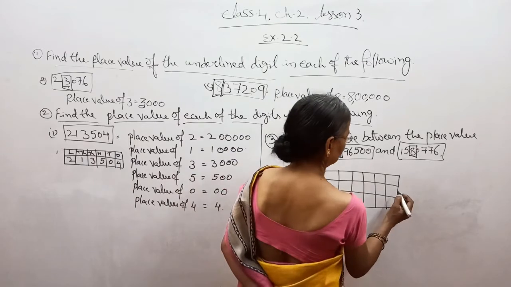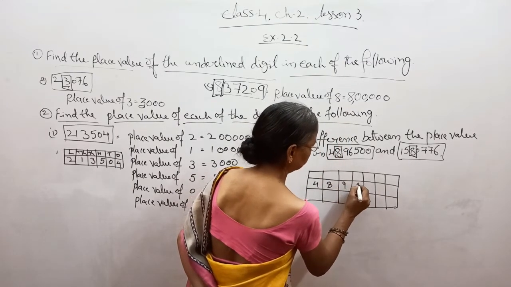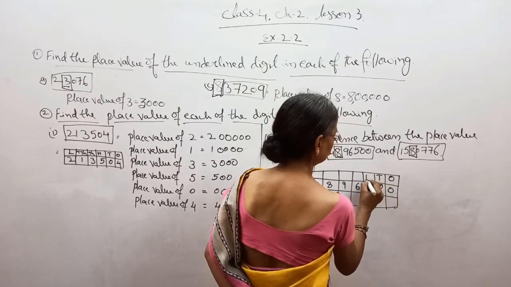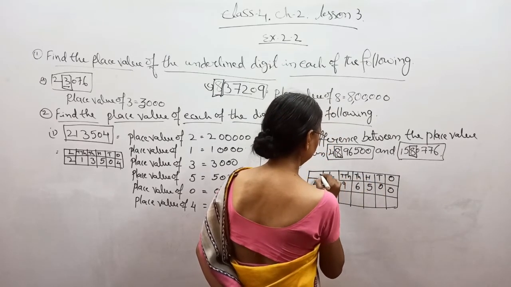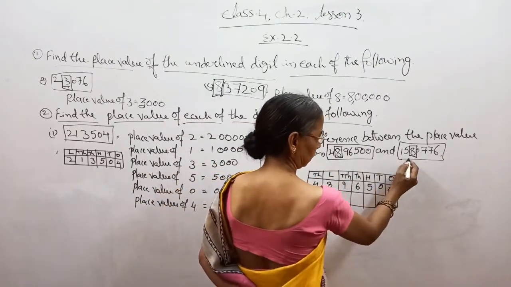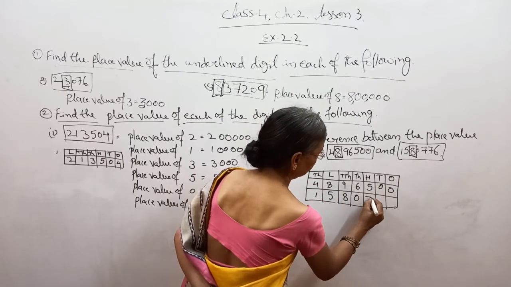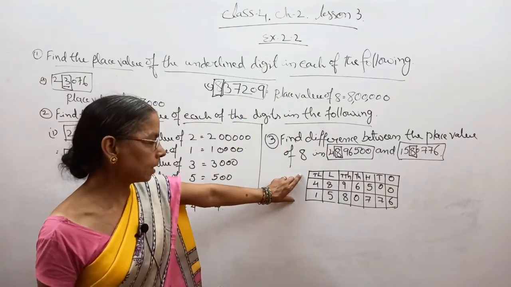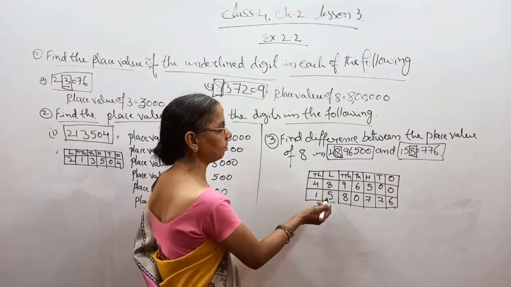That is 4, 8, 9, 6, 5, 0, 0. अब नेक्स्ट इस नंबर को लेना है, दैट इज 15, 8, 0, 7, 7, 6. अब हमने ये दोनों नंबर यहाँ पे राइट डाउन कर लिया है. अब इन दोनों नंबरों पे हमें कंपेयर करना है.